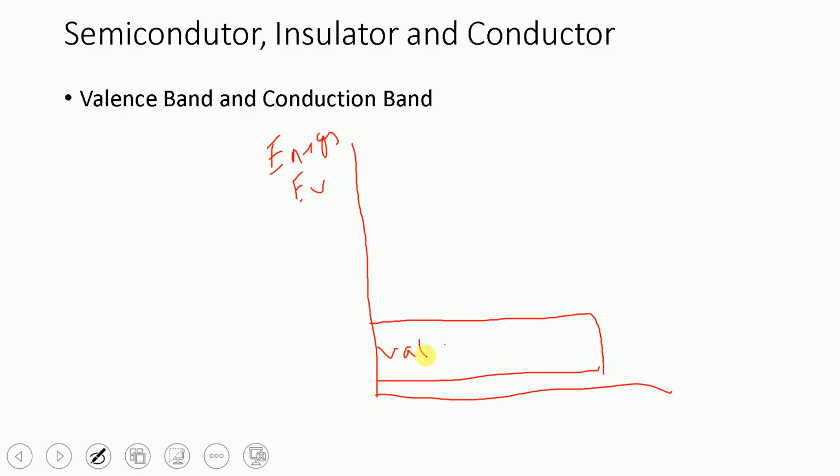The valence band is the cluster of all energies of the electrons present in the valence shell, and the highest energy level of this band is represented by EV.